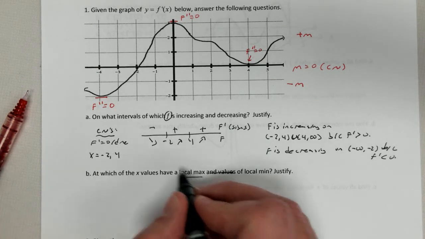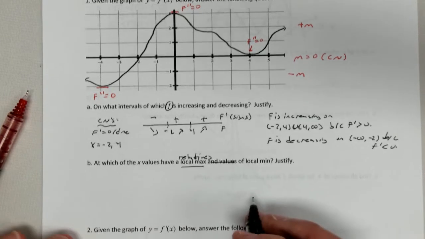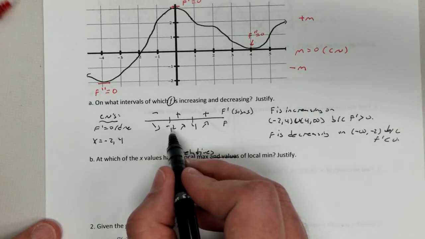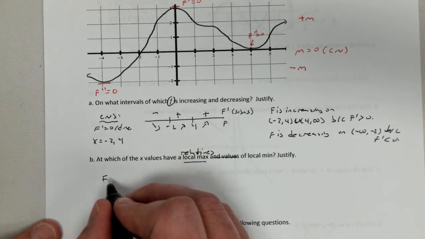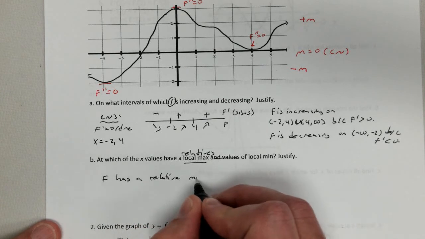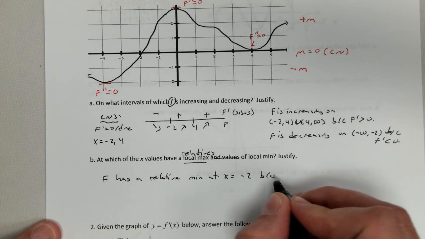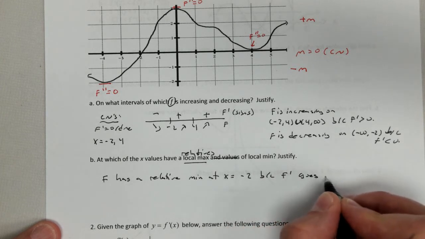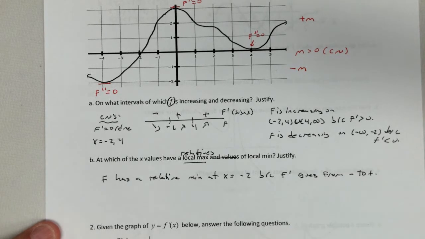So we're looking for local max or min. These are another word for our relatives. So I know I have a relative minimum at negative 2, because remember, for a minimum we go down and then up. So we can say f has a relative minimum at x equals negative 2, and that is because the derivative goes from negative to positive.